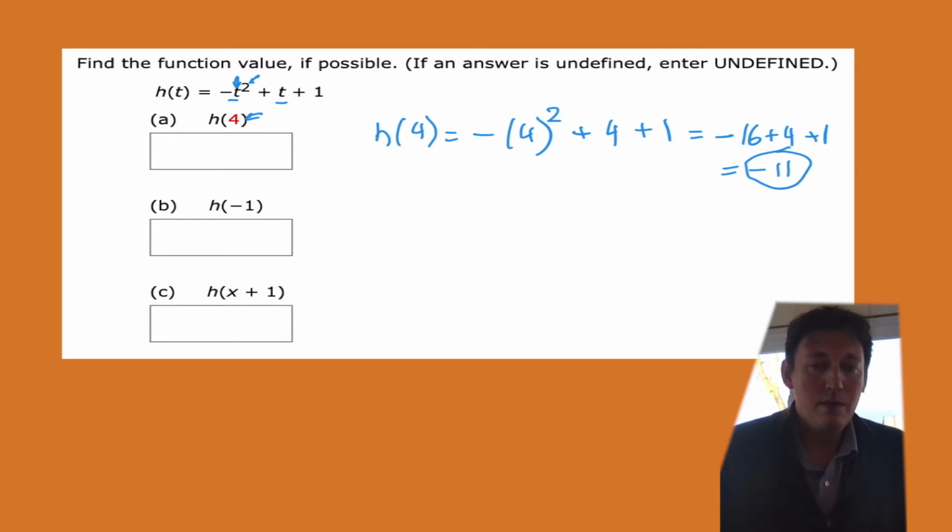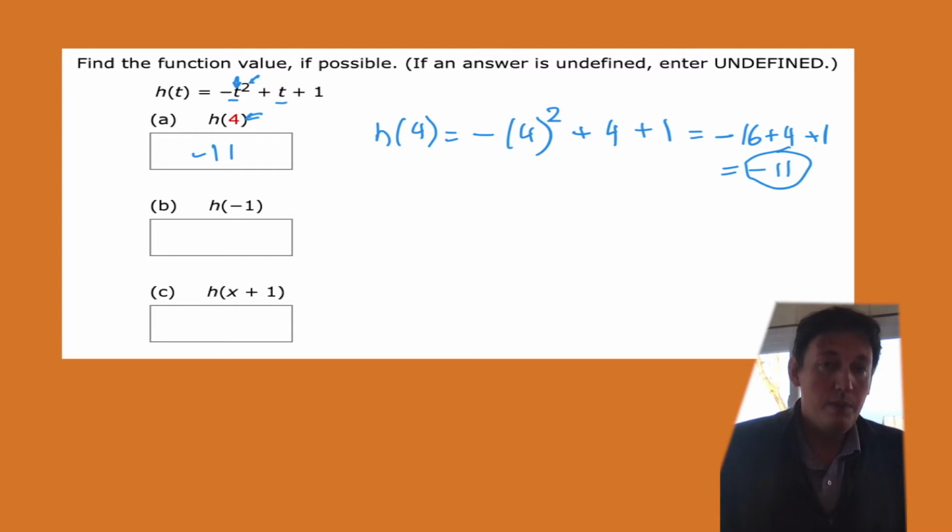What that means is that for this function, when the x value is 4, the y value is negative 11. In other words, this is a parabola, because of the t squared, and there exists the point (4, -11) on the function itself. So negative 11 will be our answer here.